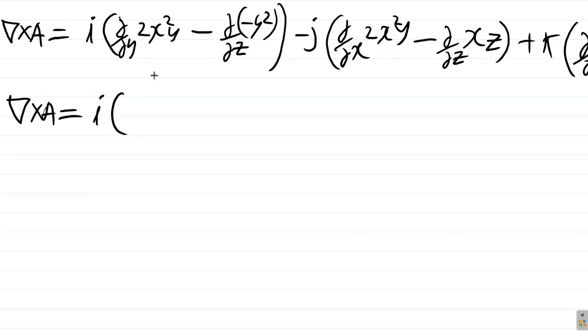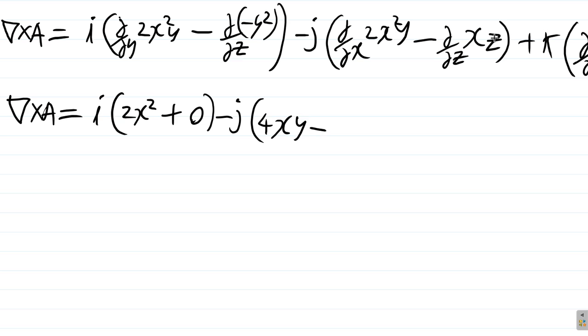When you differentiate this, you get 2x squared, minus negative is going to be a plus, and then when you differentiate this here, you get 0 because there's no z there, alright? Minus j, differentiate it with respect to x, you get 4xy, minus, when you differentiate this with respect to z, you get x, good, plus k.